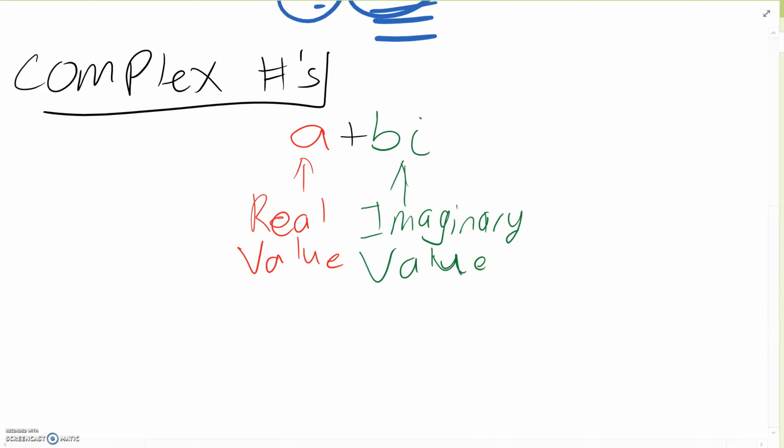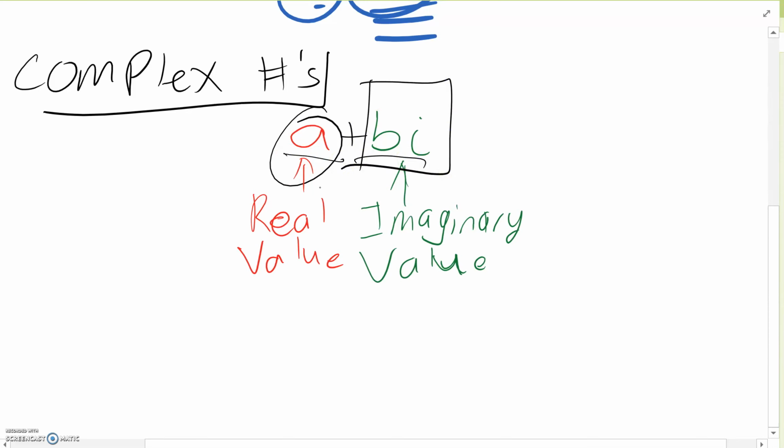Sorry, my handwriting is awful. Deal with it. That's why it's complex, because it involves a real value and an imaginary value, and imaginary numbers are not exactly the same thing as complex numbers because a complex number has a real part like that. So we'll see that coming up. That's more Monday. We'll talk more about the two parts going on. Today we're really just going to focus on bi and how to deal with i.